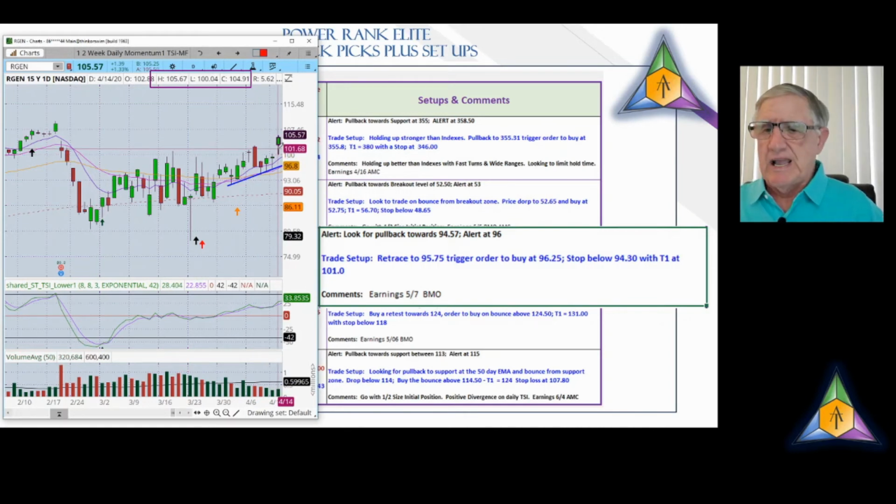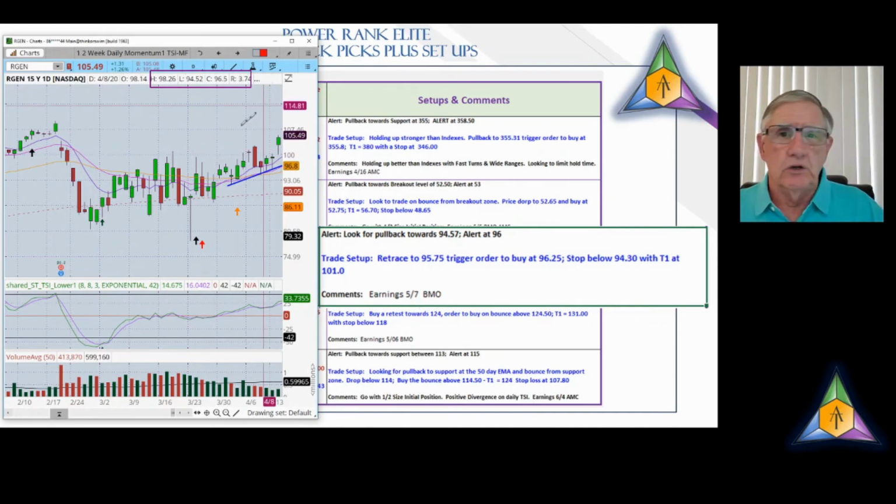No, it doesn't happen every time, but it takes out my first profit target at 101, and actually it opened up here above 102.65 for the day. So I actually got out of this first order for 101.92 for a nice 5.5% gain in less than a 24-hour period. And then I hold on.